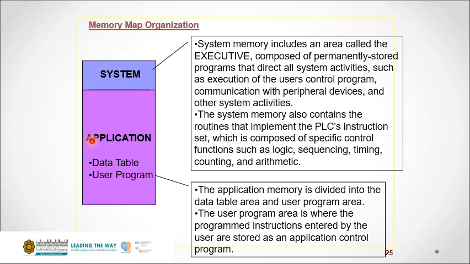And application is where you are going to store your program and instructions, and also the data, and also the input output. Those things will be stored here. So you have application memory, and also you have system memory. System memory is inaccessible, mostly as designed.